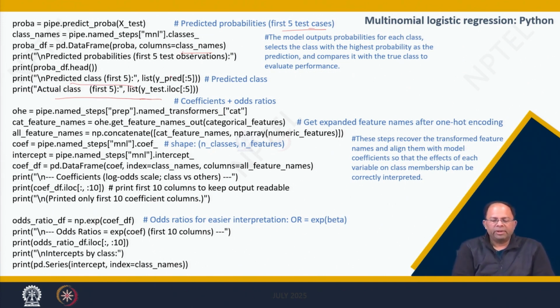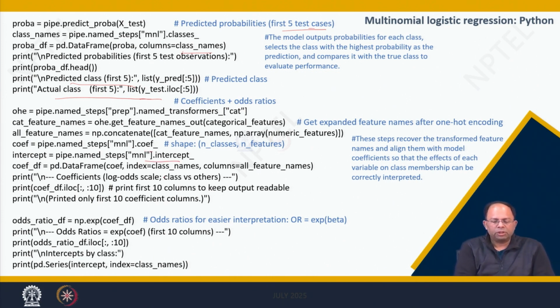And then what we are doing is we are determining the coefficients and the odds ratio. So using this pipe.named_steps, we first get the categories that we have used, and then for each of these categorical features and the numeric features, we are determining the coefficients that we are getting, as well as the intercept.